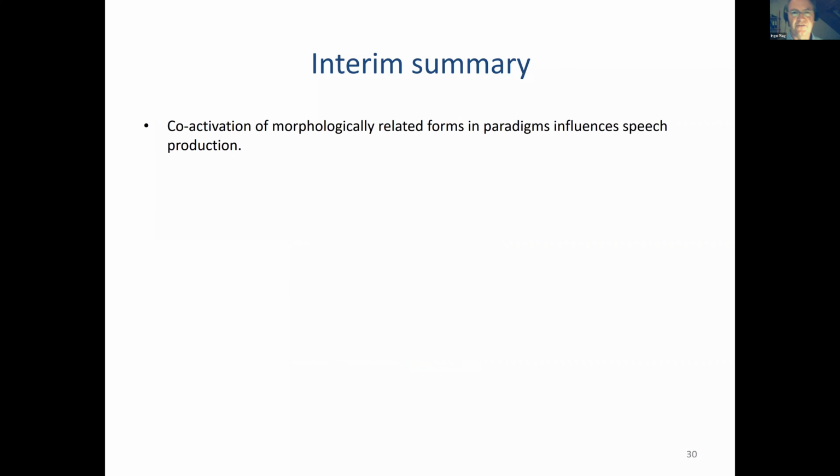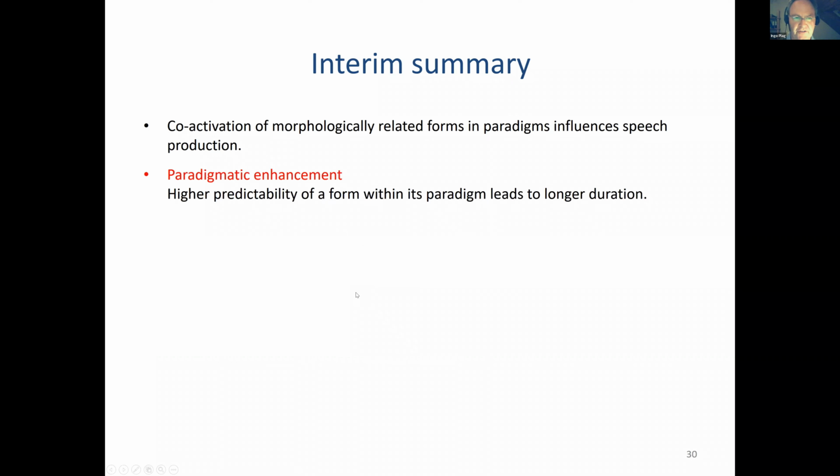So let's do an interim summary here. We have seen three studies that show that co-activation of morphologically related forms in paradigms influences speech production. There's paradigmatic enhancement, where higher predictability of a form within its paradigm leads to longer duration, but we also see certain reduction effects.